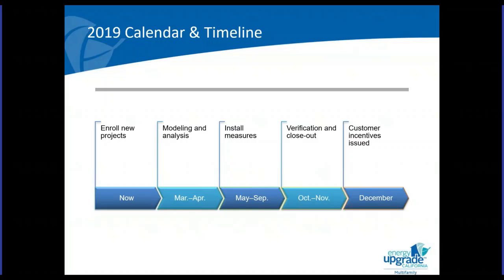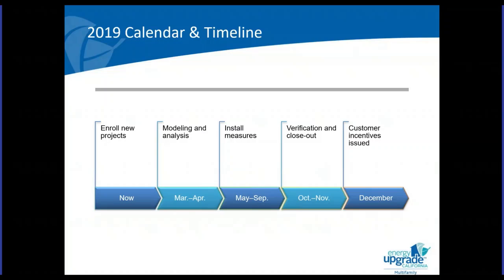Going forward, in March and April, that's when we'd expect to see the modeling and analysis done. In many circumstances, some of that has already been done, but a pretty clear line that the program designates is, have improvements been implemented and installed or not?